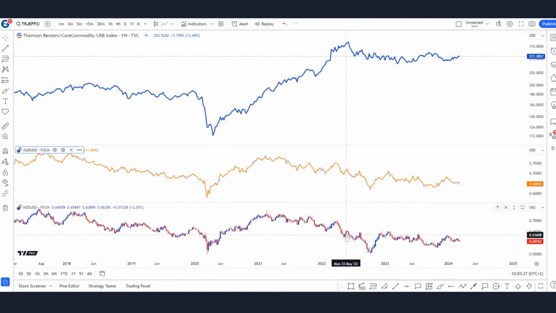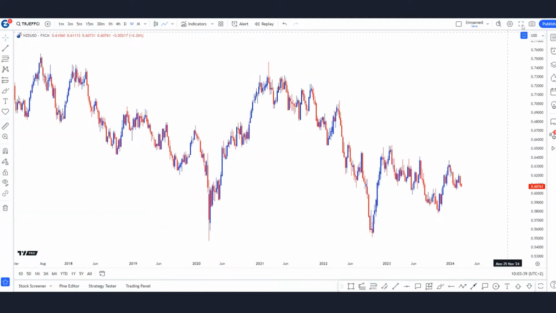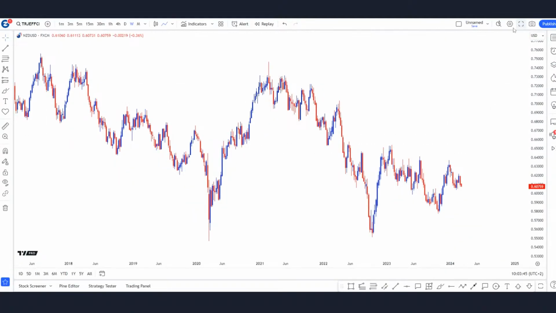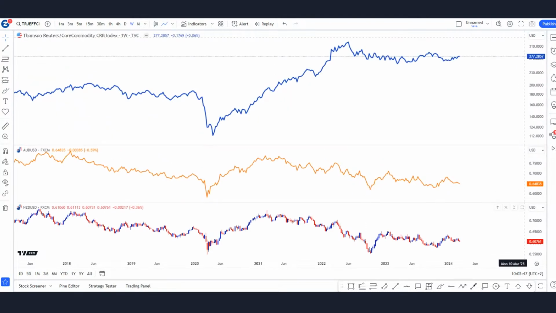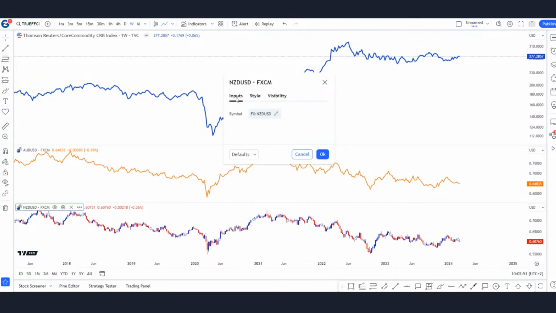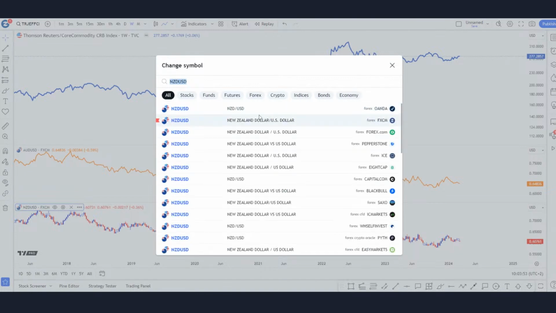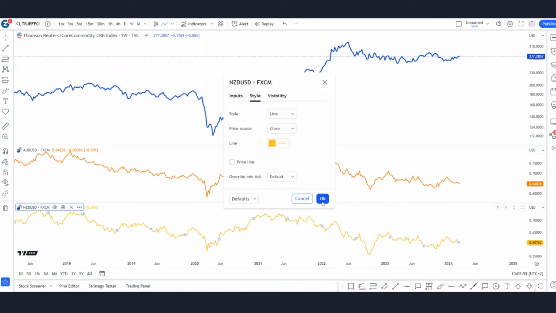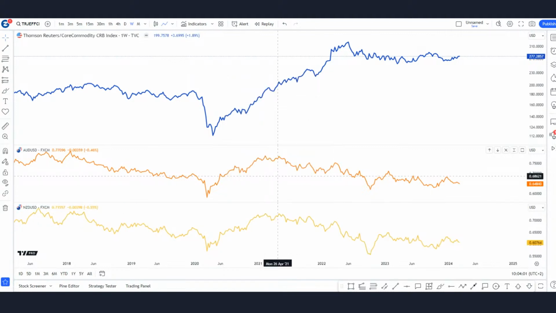Okay, let's make this a line chart. So we've got the Aussie, we've got the Kiwi. Let's put in the Canadian, the loonie.